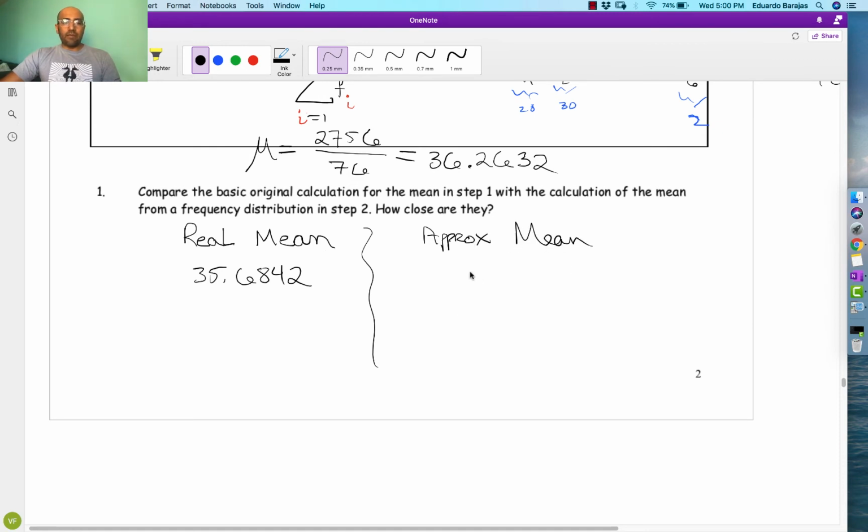My approximate mean is 36.2632. I say that's pretty close. Good. So it's an approximation, not exactly the same, but fairly close. All right, that's how we use grouped data to approximate a mean.